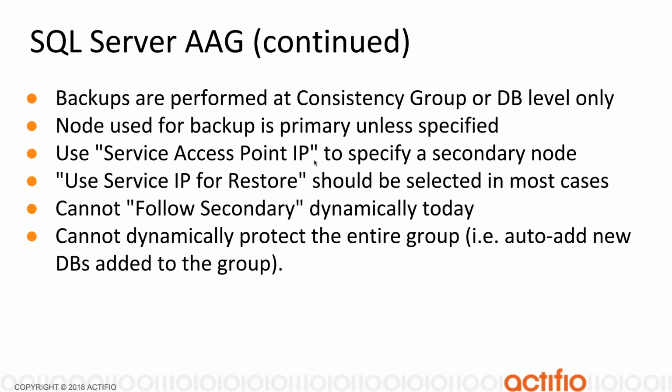You did it during the maintenance window of some sort anyway, and therefore, if a backup or two runs while it's the primary instead of the secondary, it doesn't really hurt anything. And then when the roles reverse back again, you just continue to back up from the secondary where you are. So you don't necessarily need that dynamic following to avoid the primary.